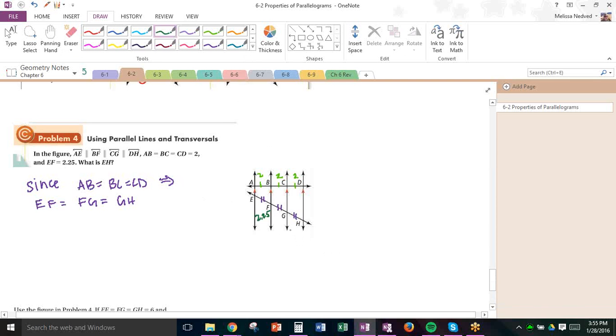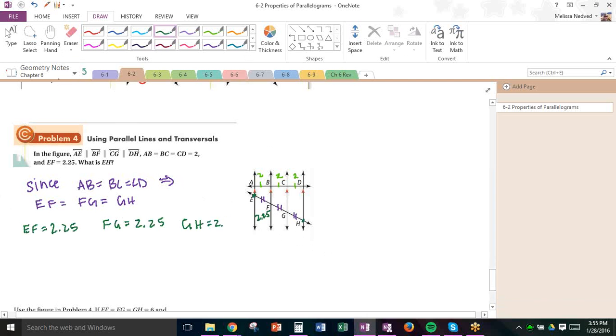And I'm asked to find EH, and EH is actually from this first parallel line to the last parallel line. Well, since EF is 2.25, and EF and FG and GH are all congruent, all 3 of those segments have a length of 2.25.